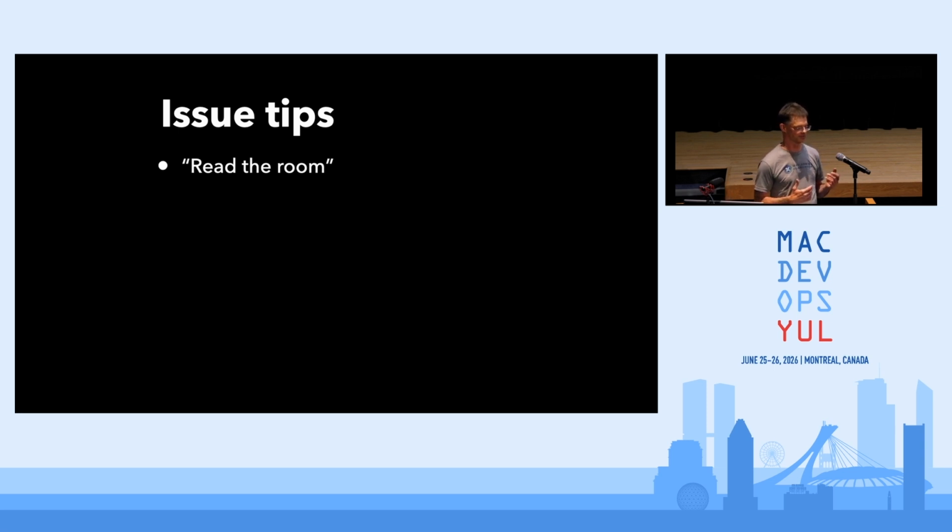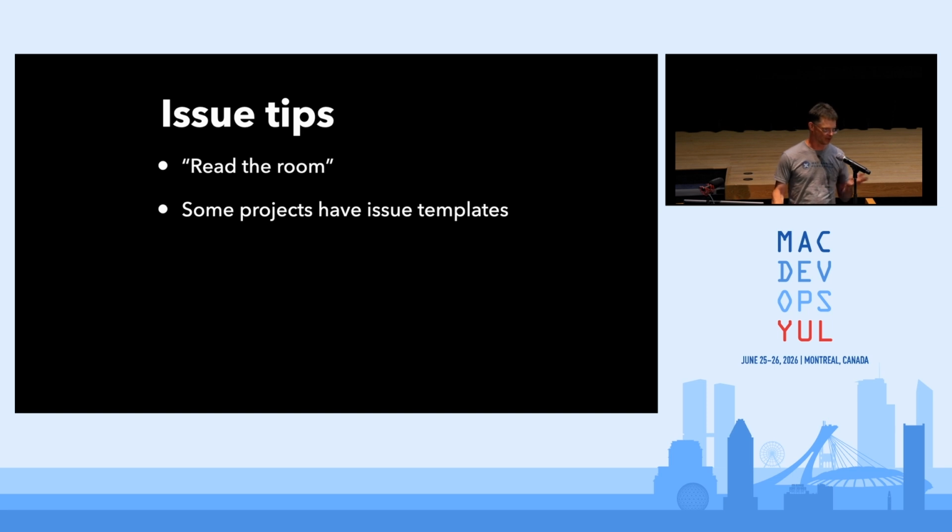That helps you know what kind of information they need. By reading through issues, particularly closed issues, you might also find how they're going to react to certain requests. Some projects have issue templates, and if they do, you should use it because it's going to walk you through providing the information that the maintainer is going to need to deal with your issue.